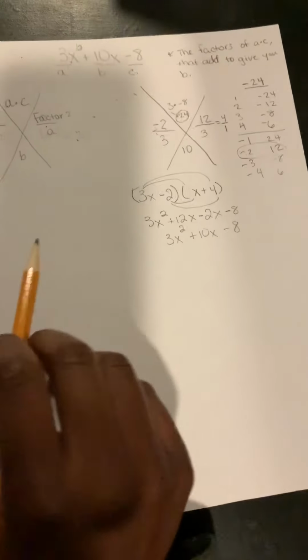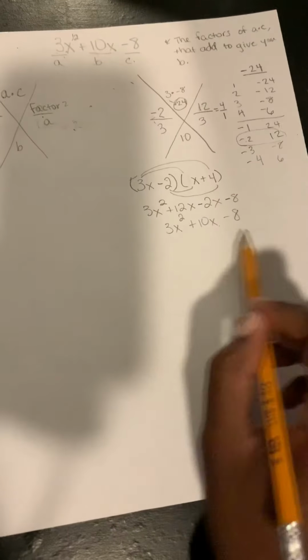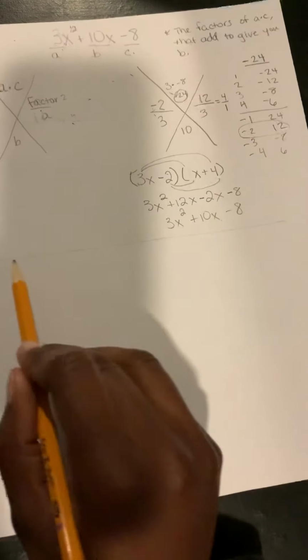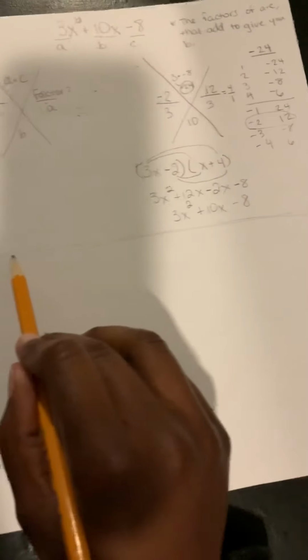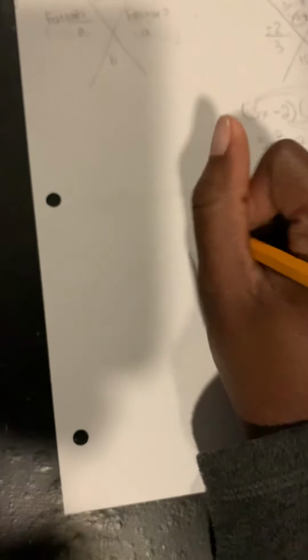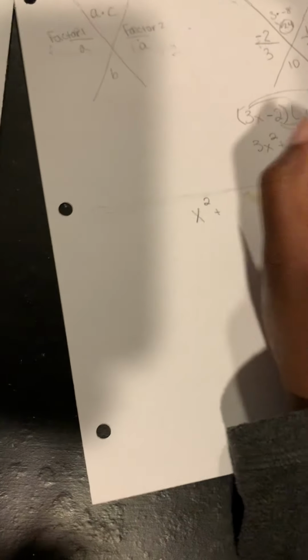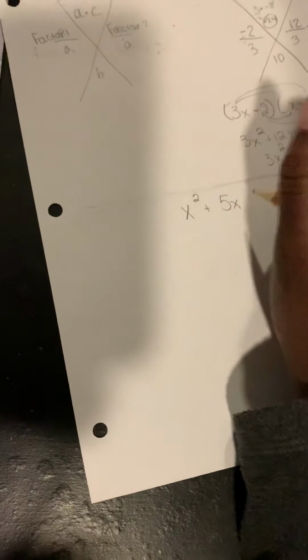So I'm going to do another one with you. I think the second one will go a lot smoother if you were having trouble understanding the one I just did. Again, I'm going to write the X for you over here. We're going to have x squared plus 5x plus 6.